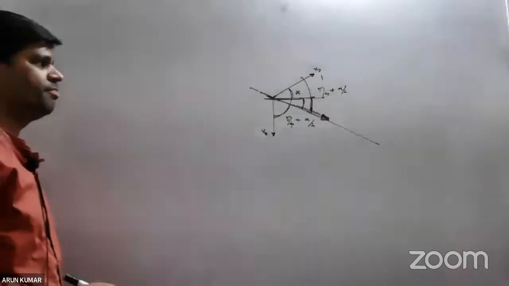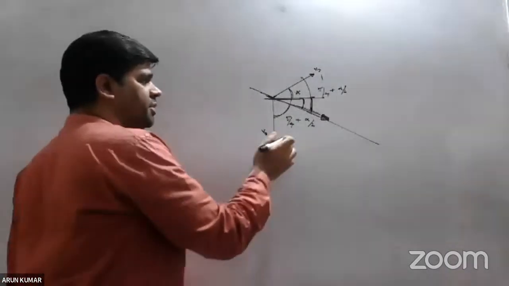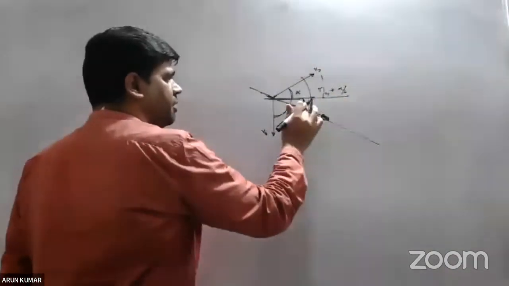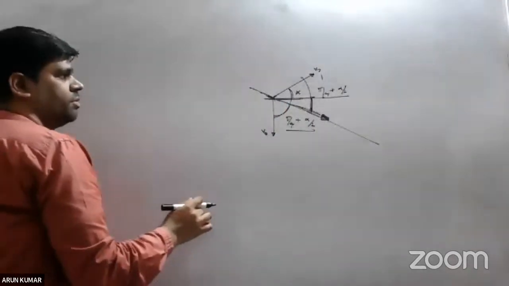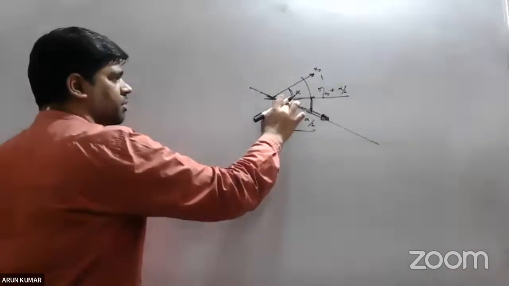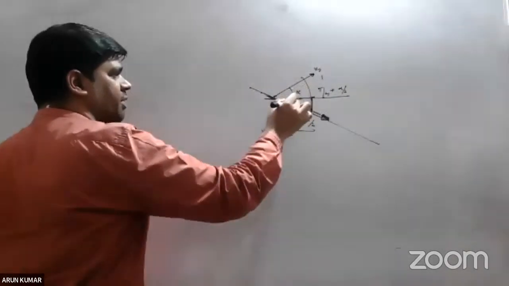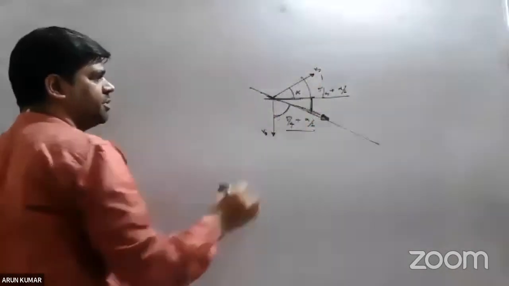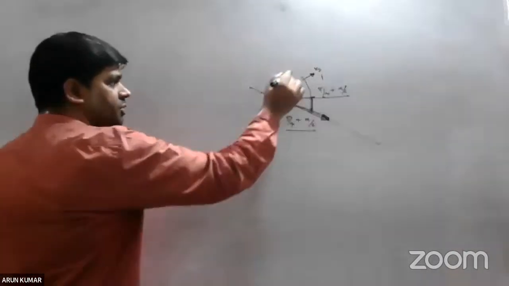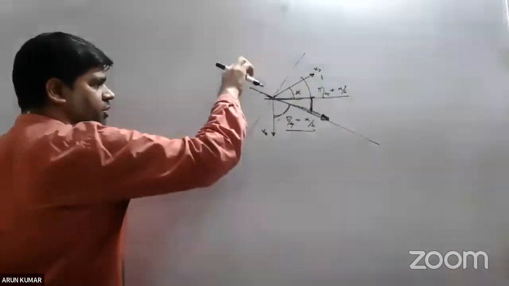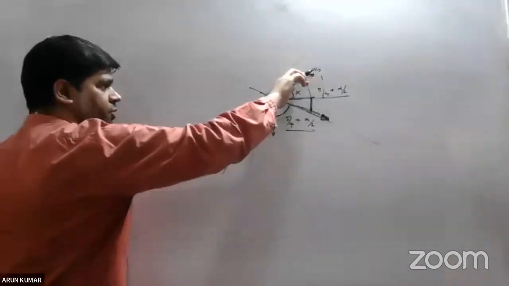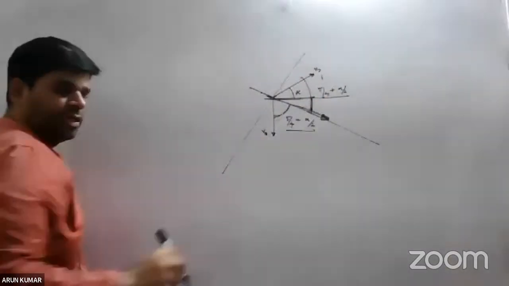Okay, that's not required anyway. All right, this is pi by 4 plus alpha by 2, right? This is pi by 4, this is alpha, this is pi by 4 plus alpha by 2. So velocity along this will be 0, velocity along this will be doubled. So V naught cos of this one plus V naught cos of this one.